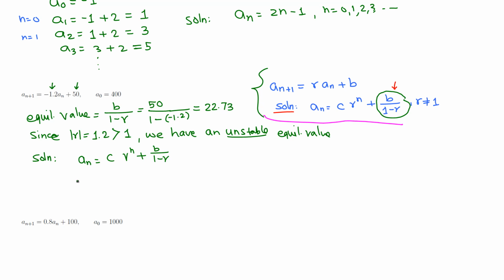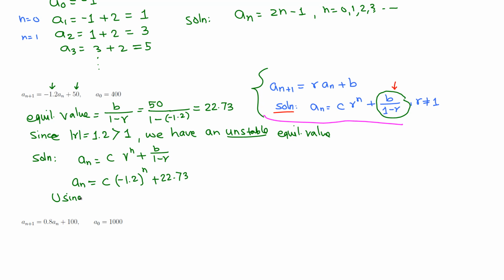So a_n equals c, to be determined, times negative 1.2 raised to n, plus 22.73. This would have been the answer, but we don't know the value of c, so we use the initial value a_0 equals 400.